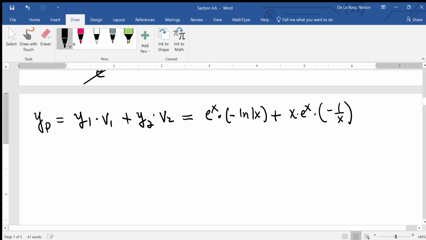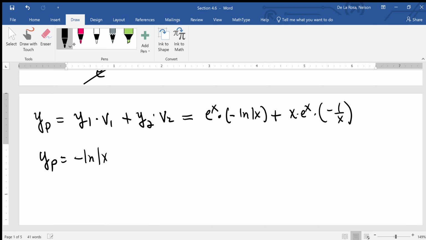Then yp will be negative ln of absolute value of x times e to the x minus e to the x, canceling this x. This expression is fine. Also, if you want, you can factor negative e to the x times ln of absolute value of x plus 1.